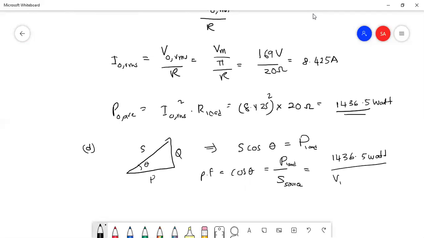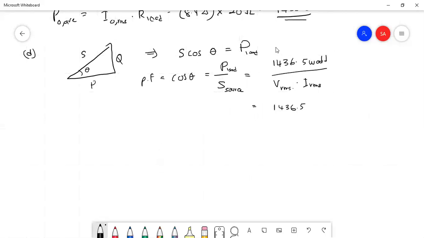Your S source should be in terms of V RMS and I RMS. So it is 1436.5 over your voltage source of 240 volt RMS multiplied by the source current RMS of 8.425 ampere.